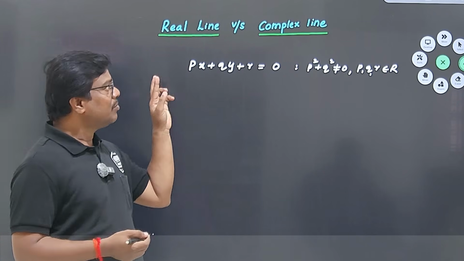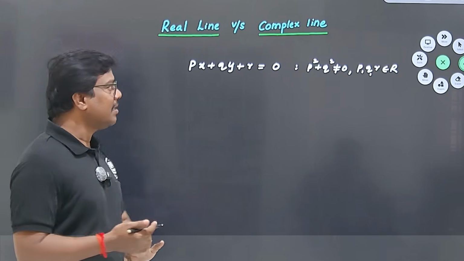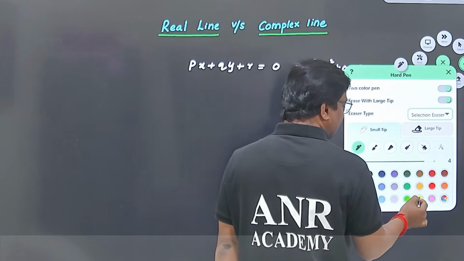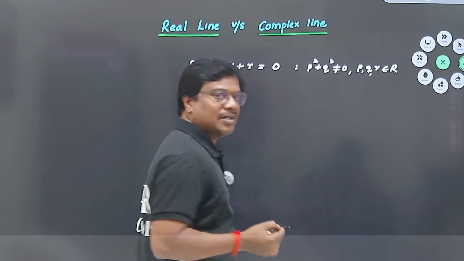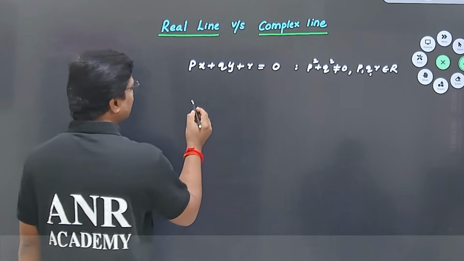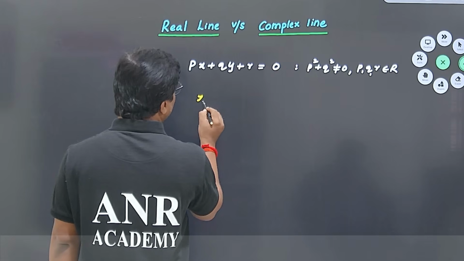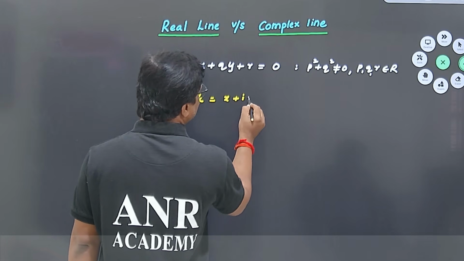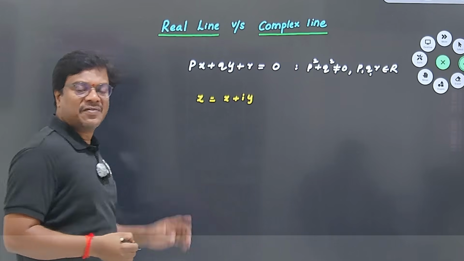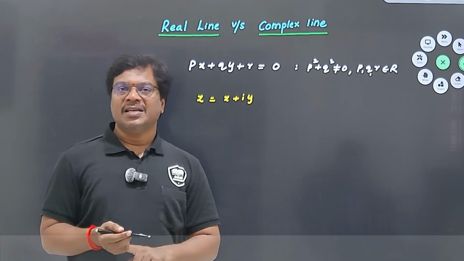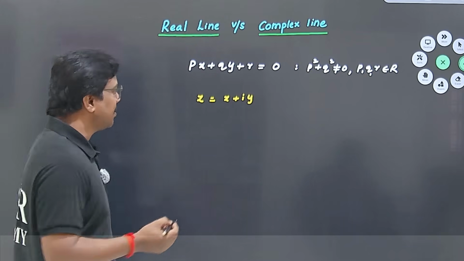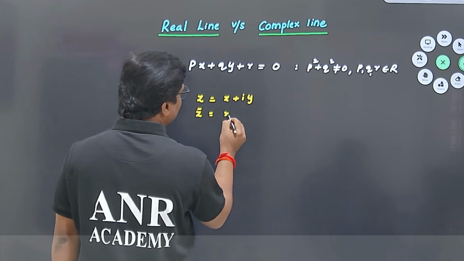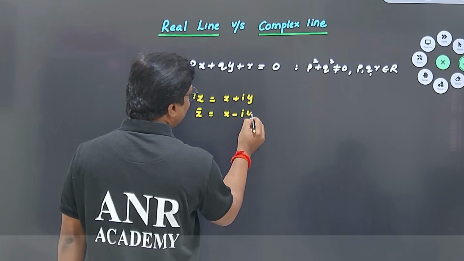Now let us move to the complex straight line. To write the equation of a straight line in complex form, I am going to choose, suppose, z equal to a complex number in general, x plus iy. If z is x plus iy, then its conjugate is written as z conjugate equal to x minus iota y.